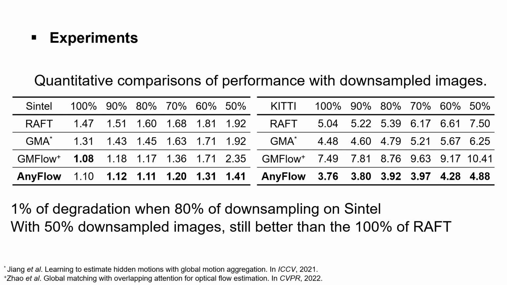When AnyFlow takes downsampled images, it shows only 1% of degradation up to 80% downsampling on Sintel dataset. Also, when taking input as 50% downsampled images, it is still better than the original results of the baseline RAFT. On the other hand, the other methods show severe accuracy drop compared to ours.